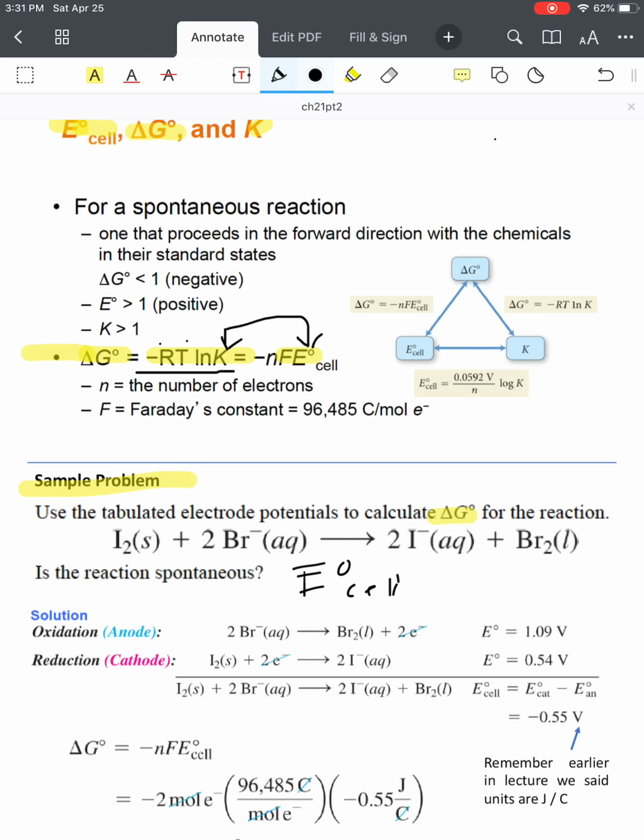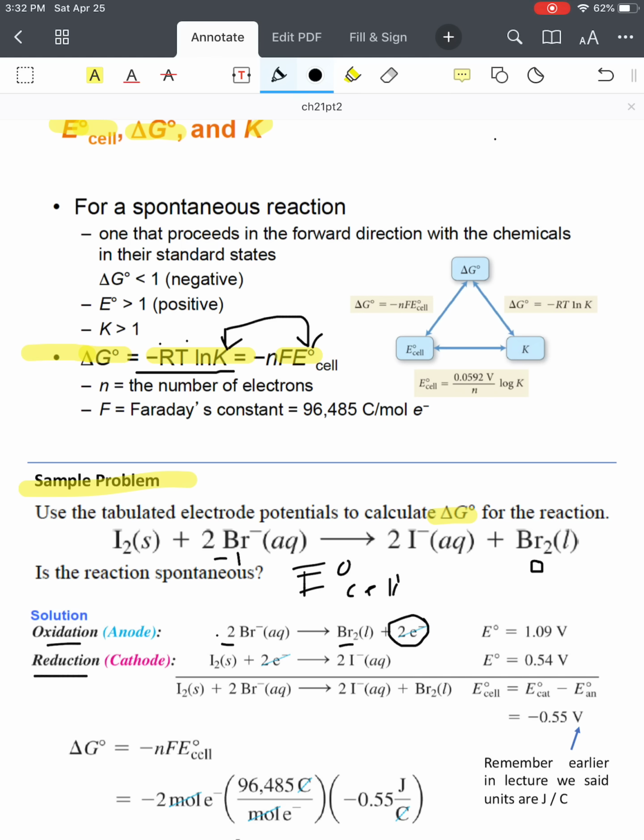That's always our first step. So we look at the oxidation. What's been oxidized here? If the bromine goes to a 0 oxidation state, it starts off at -1. So it looks like that's our oxidation: 2Br- making Br2. And because we're using 2 copies, that's a 2 electron process.